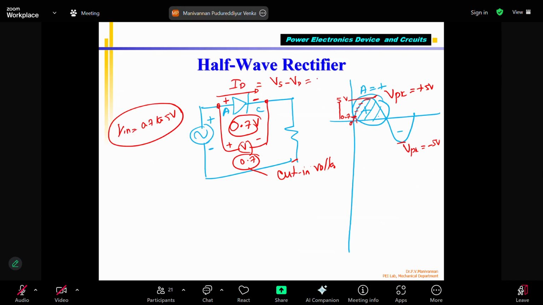For example, if the input voltage at this location is 3 volts, then V supply of 3 volts minus 0.7 volts, the diode voltage will be 0.7 volts. This differential voltage is what supplies the current.